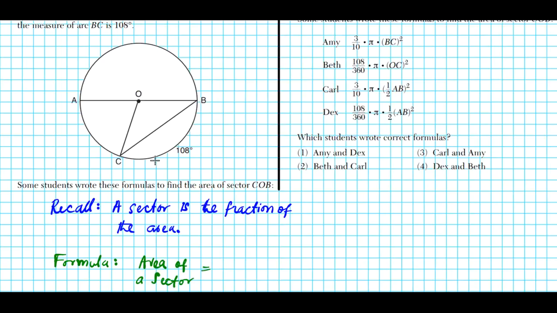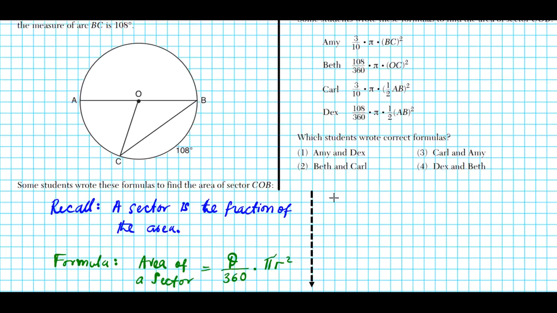So a whole is 360. The fractional component is the degree indicated. So let's just call it theta divided by 360 multiplied by the area, pi r square. Okay? Alright, so let us see which of these students accurately applied this formula right here.